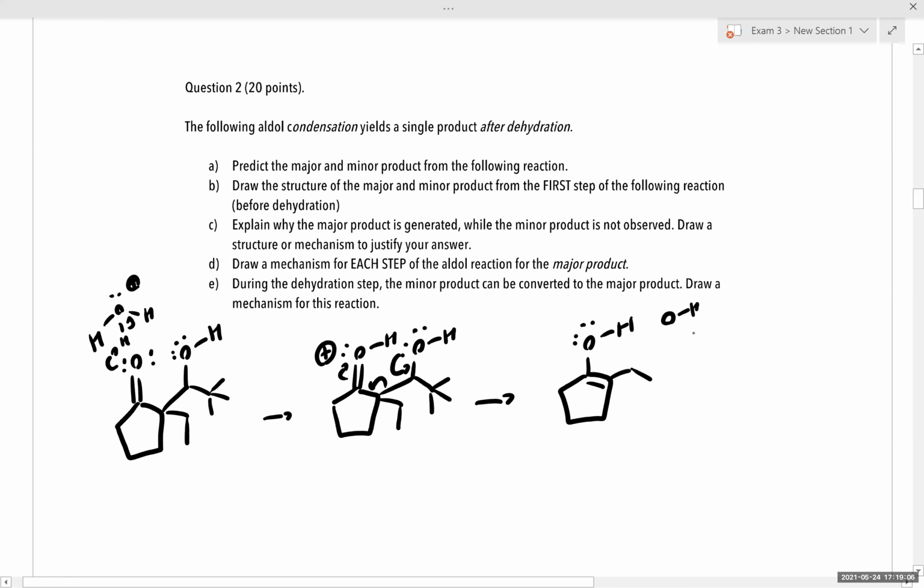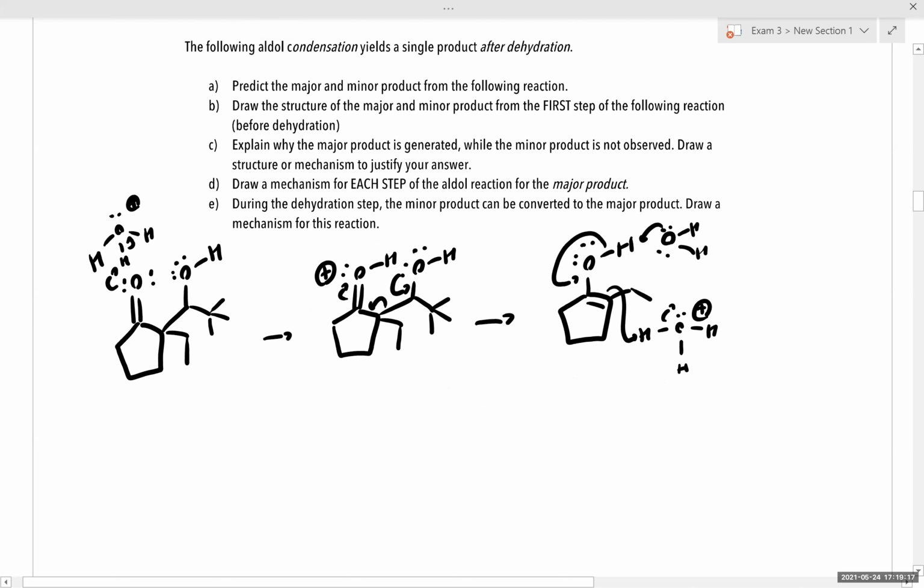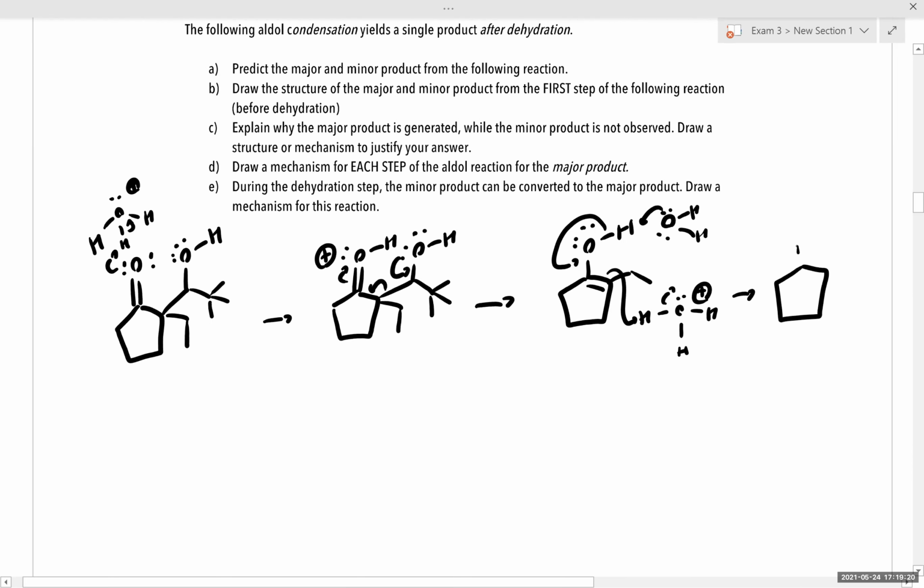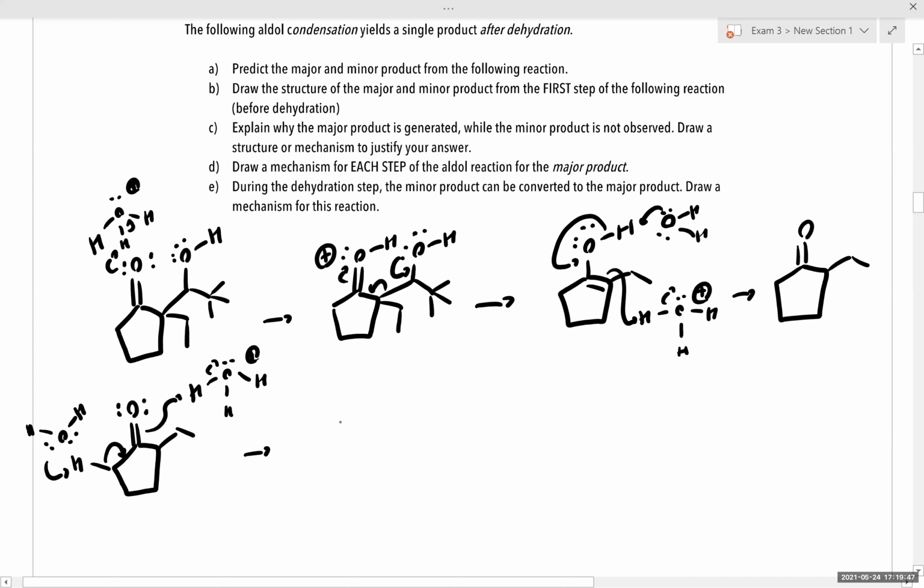From here, we can tautomerize this enol tautomer. So now that we have this ketone, what we can do is tautomerize our ketone. So now we're generating the other enol tautomer. And this is all an equilibrium process.